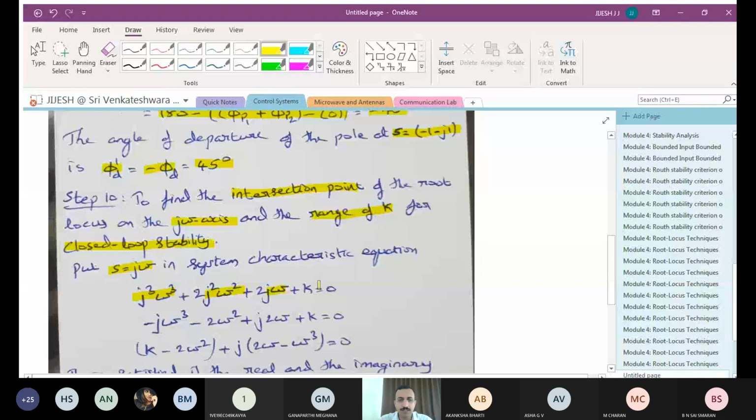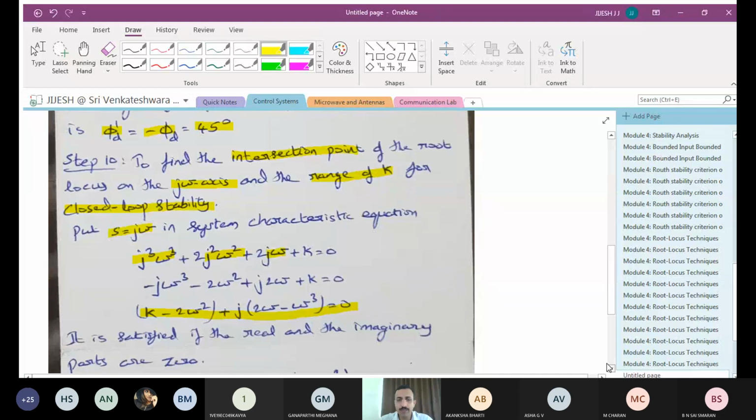It's just the substitution in the characteristic equation and then simplification of that. So when you take j cube omega cube plus 2j square omega square plus 2j omega plus k is equal to 0 and simplify this further, you can take the real terms and imaginary terms together. When I complete the solution, I get k minus 2 omega square plus j into 2 omega minus omega cube equal to 0.